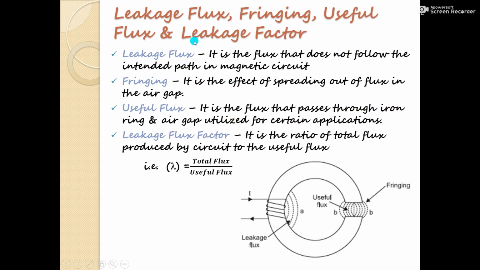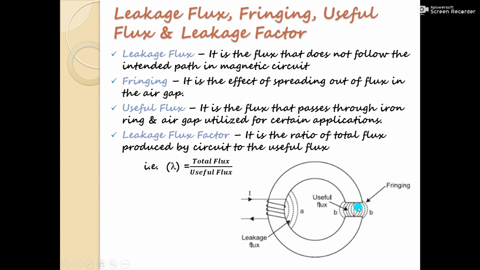Now let us see some terms: leakage flux, fringing, useful flux, and leakage factor. What is leakage flux? It is the flux that does not follow the intended path in the magnetic circuit. Here you can see the leakage flux is shown. Next we have fringing. It is the effect of spreading out of flux in the air gap.